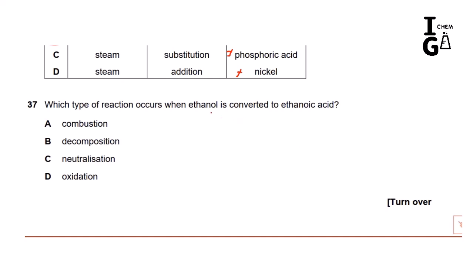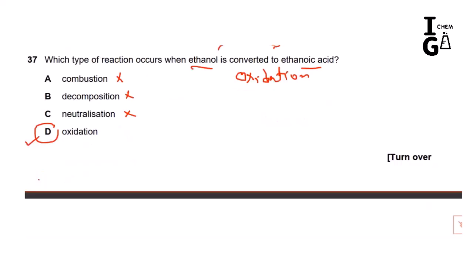Remember, guys, ethanol is an alcohol and ethanoic acid is a carboxylic acid. So this reaction is called oxidation. This is not combustion, not decomposition, not neutralization. The correct answer is oxidation.